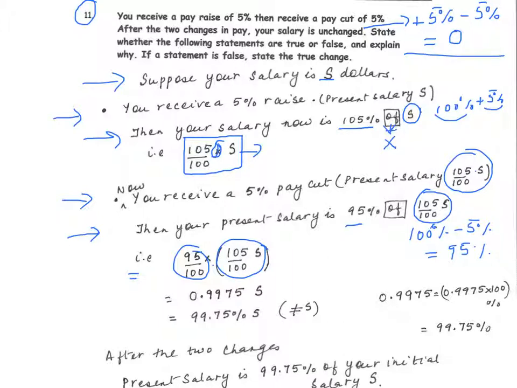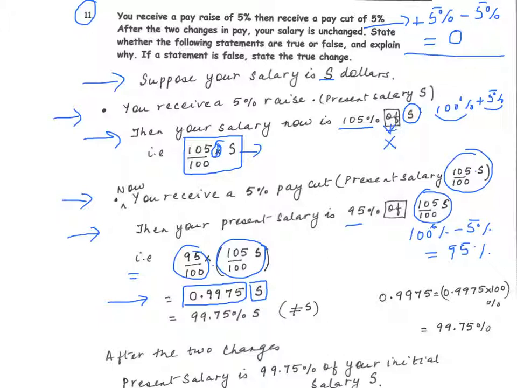When we simplify the numbers, we keep S the way it is. We combine all the numbers using a calculator, and we get the salary at this moment after the 5% pay raise and then the 5% pay cut. This is your final salary after the two changes.